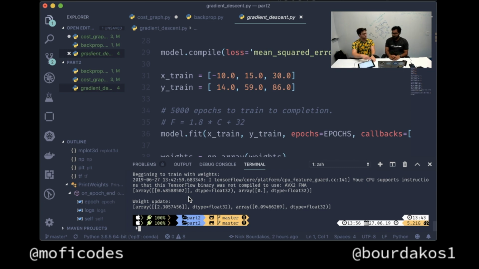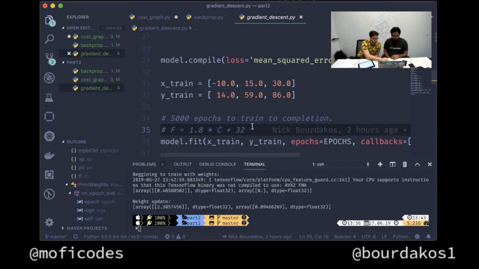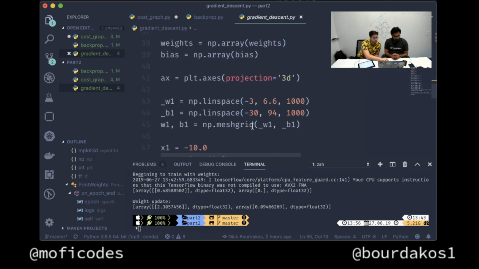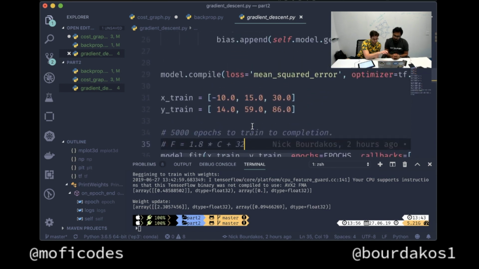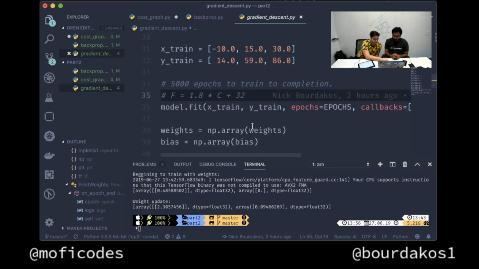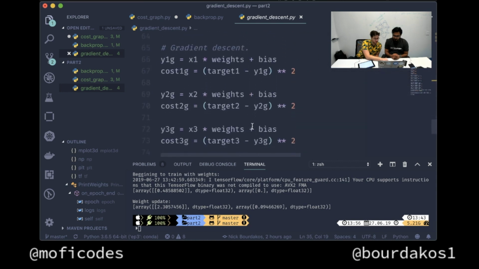When you train it for 5,000 epochs, you can see the cost go all the way down to like 0.00. And that's when our weights end up being like this 32 and 1.8. So in this, I'm going to print out the loss, the cost function, and the values of the weights and biases in a 3D graph.